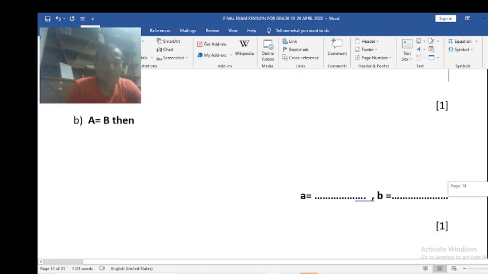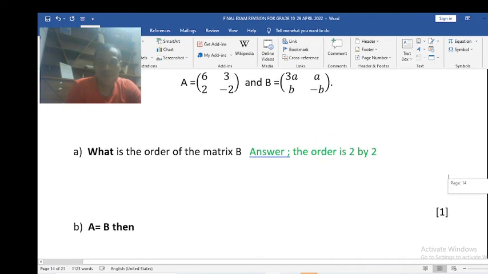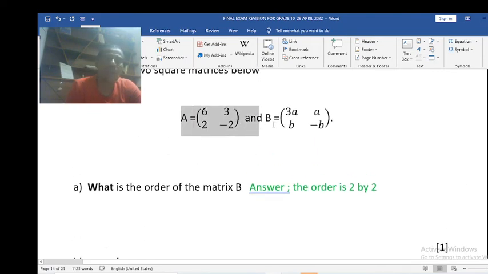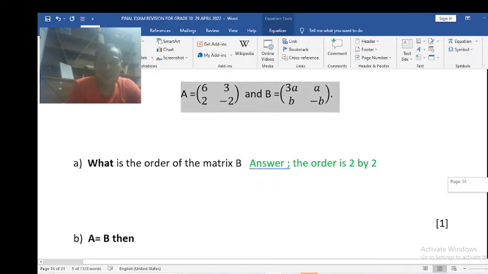Okay. For the second question, if we suppose that A equals B, I will just copy this and then try to answer this question.